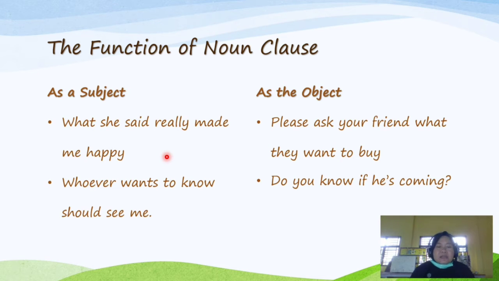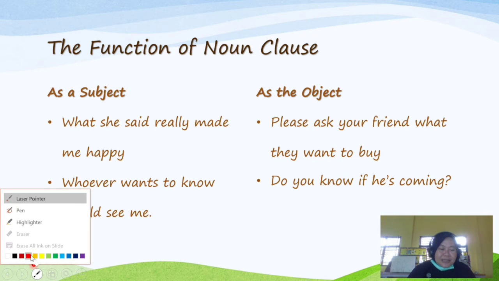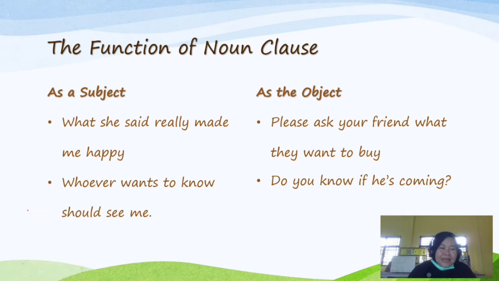So let's see the sentence fully. What she said really made me happy. What she said really made me happy.